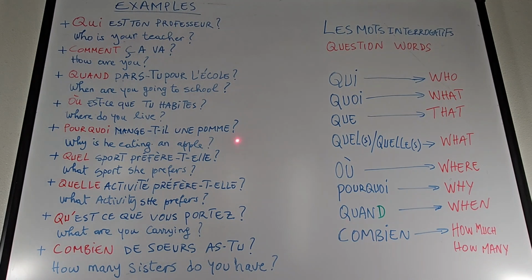All right. I'm going to give you a few examples with those question words. The first one is qui, which is who. An example in French is: qui est ton professeur?